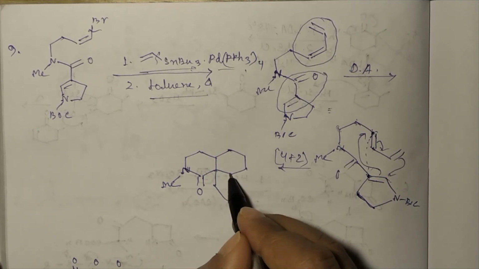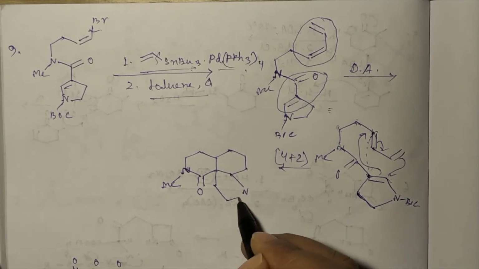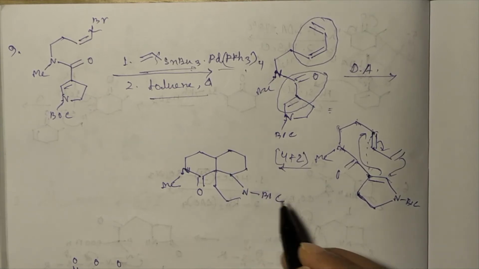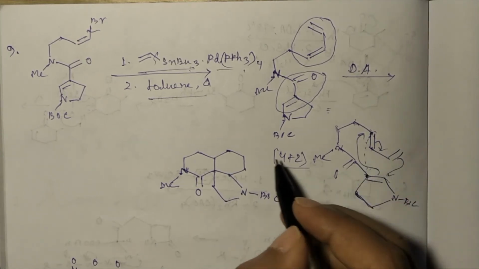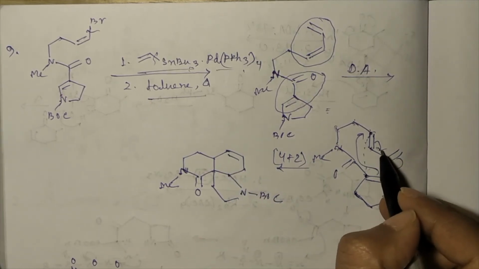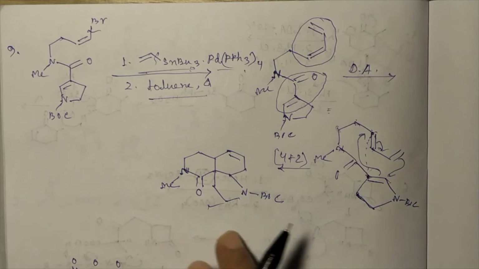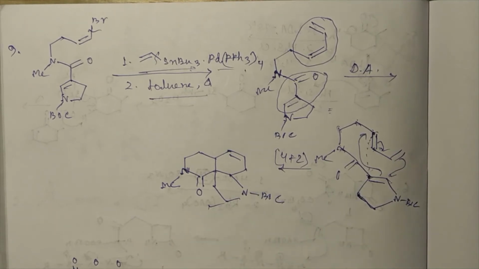So it will be here, and here will be a pi bond. This pi bond will be here. So this will be the product. This is the Diels-Alder product.